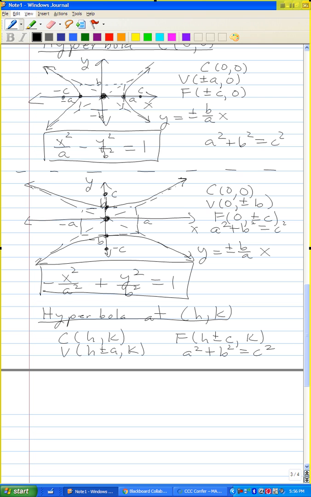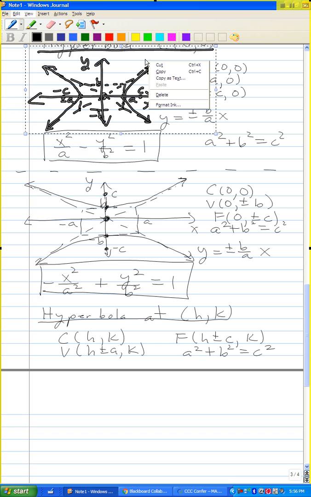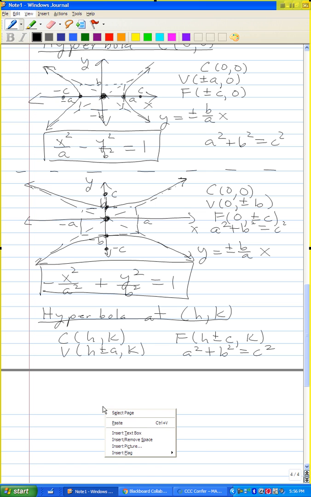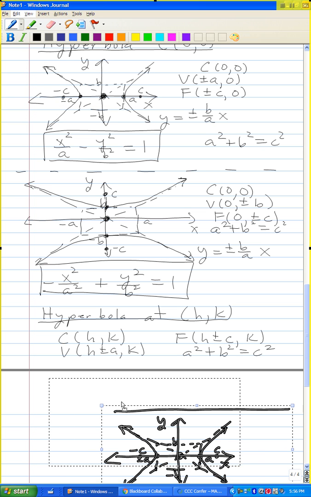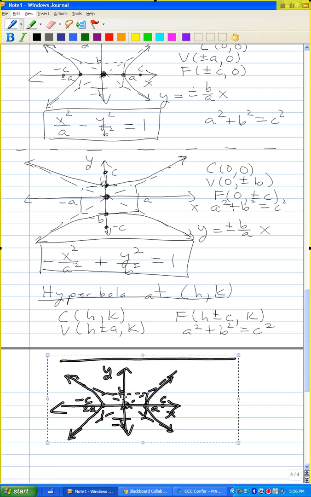It'll look virtually the same as this. Let's just copy it, paste it, see how it pastes. Okay, not too bad.